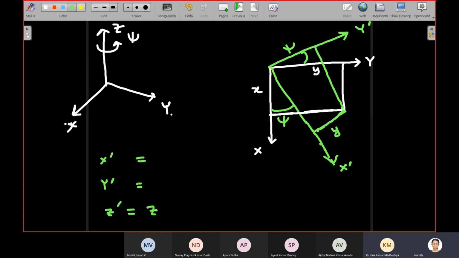So this is y prime, this is x prime. Now what we want to do is find x prime and y prime in terms of x and y.